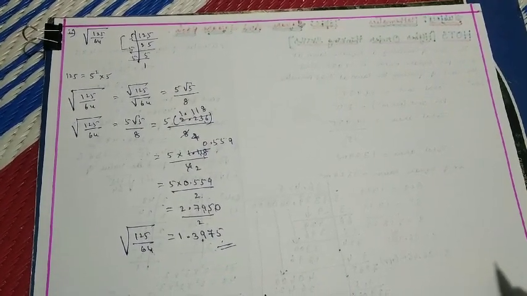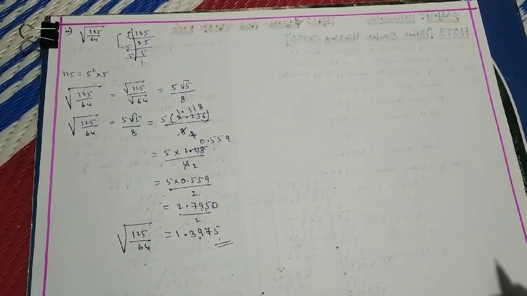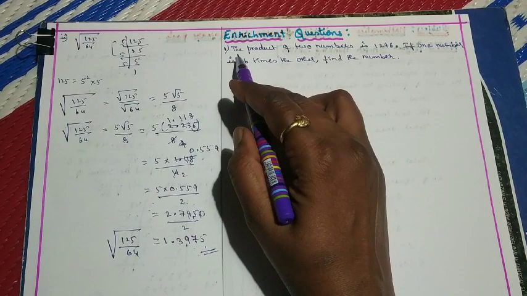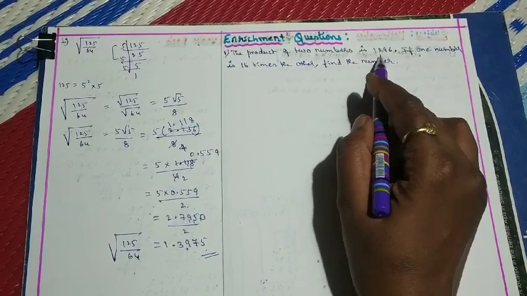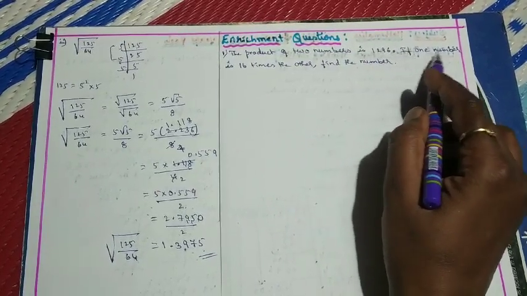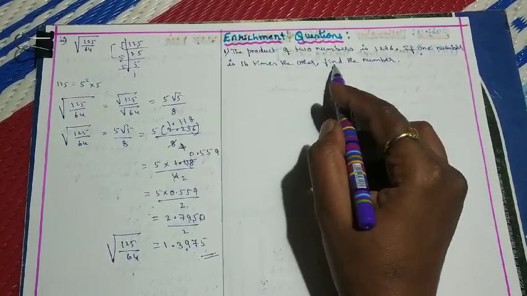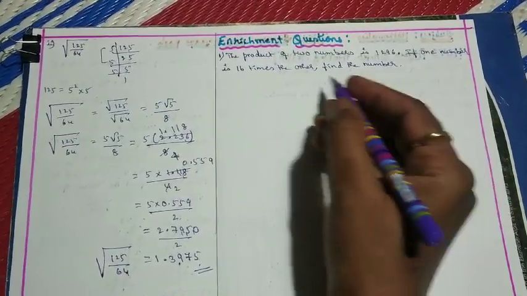Now let me move to the next, that is enrichment questions. First question: the product of two numbers is 1296. If one number is 16 times the other, then find the numbers.